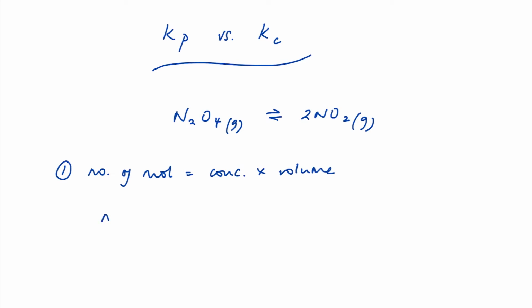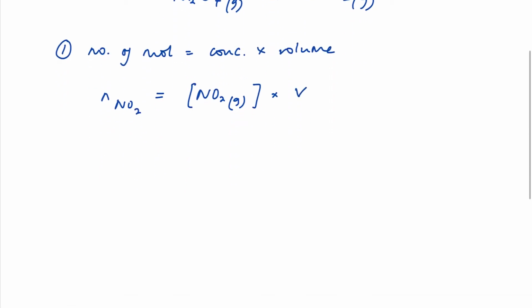So, the number of moles of NO2 would equal the concentration of NO2 times the volume. And the number of moles of N2O4 would equal the concentration of N2O4 times the volume.